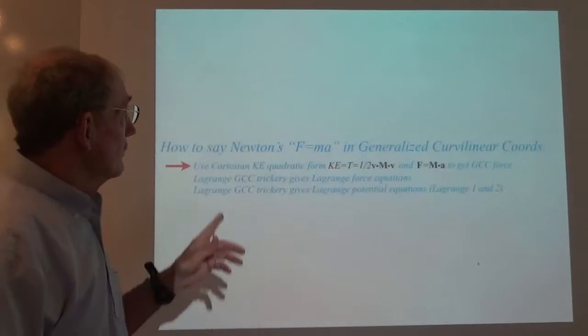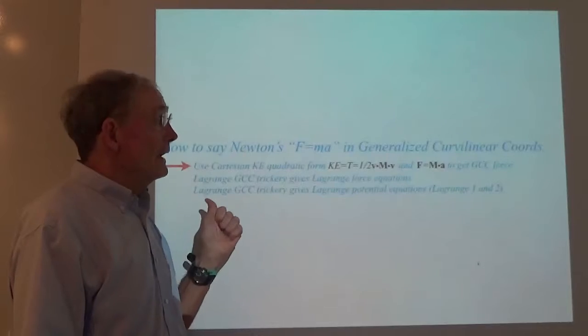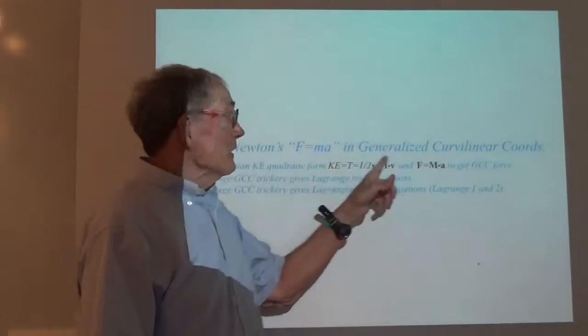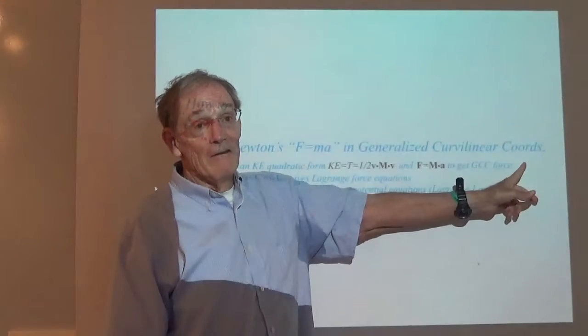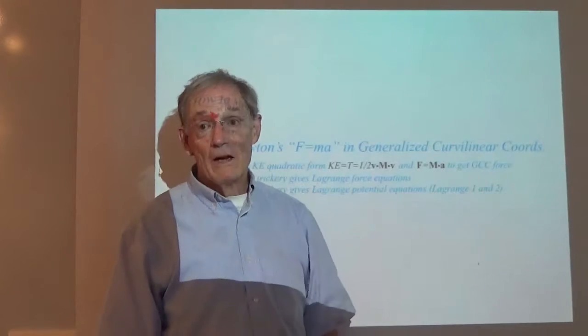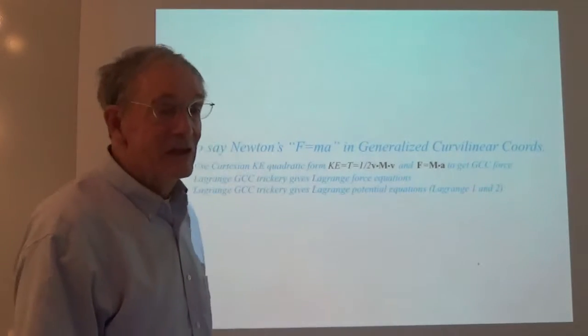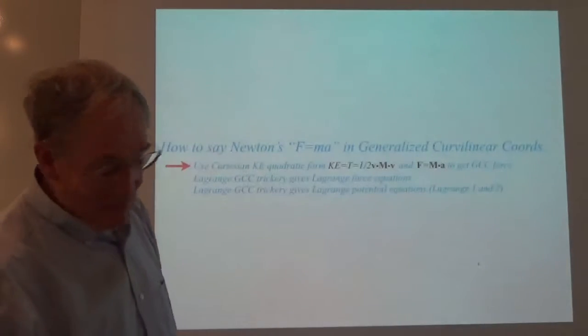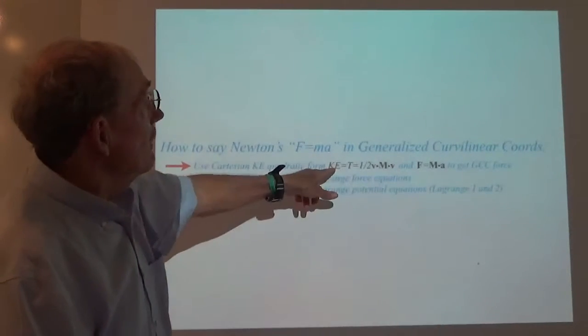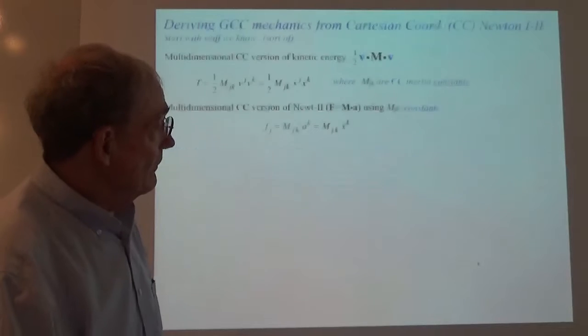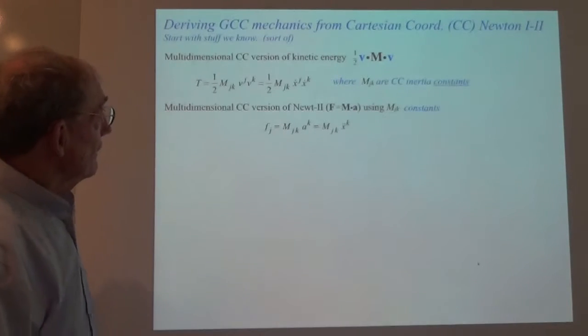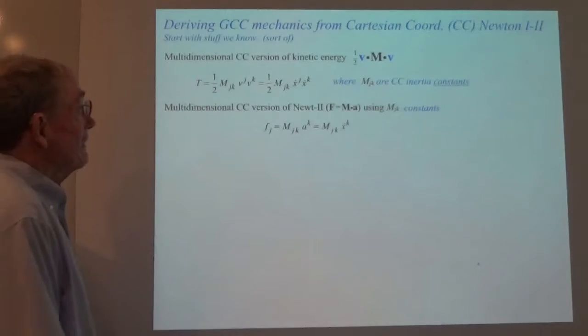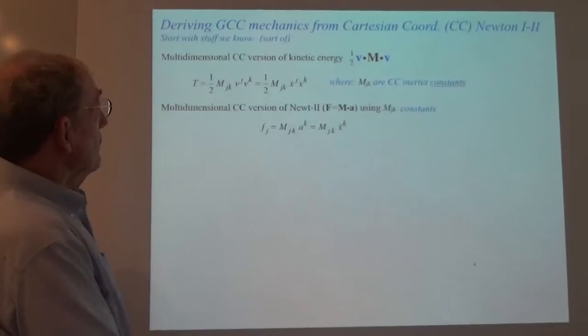This is how to say Newton's F equals ma in the worst kind of coordinates that you can possibly have. All right? We're used to saying it in Cartesian, now we're going for the big time. All right, and we're going to involve this guy and the F equals ma as well as the work relation, a definition anyway.